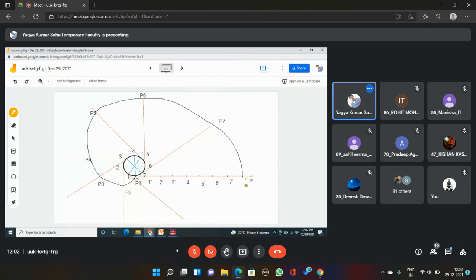This one. It will change or not? Yes, sir. Where will it move, in downward direction or upward direction? It will move upward, towards P7.